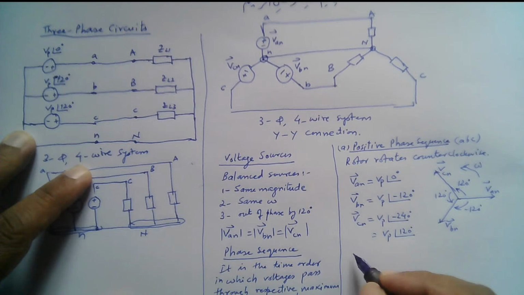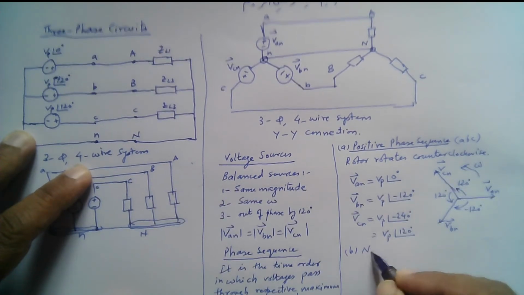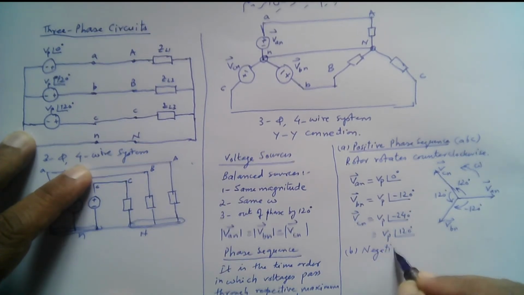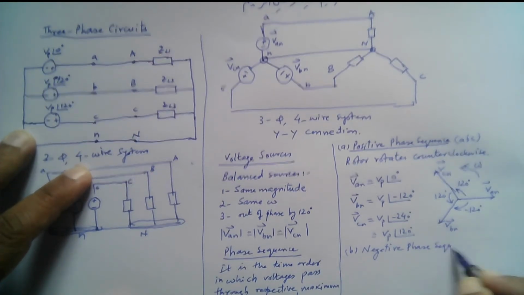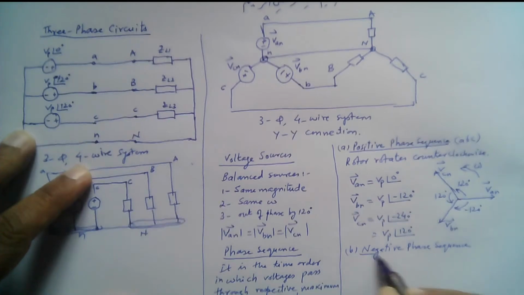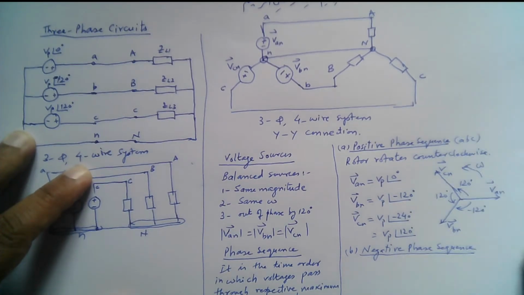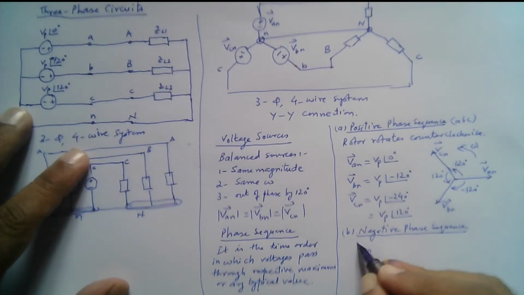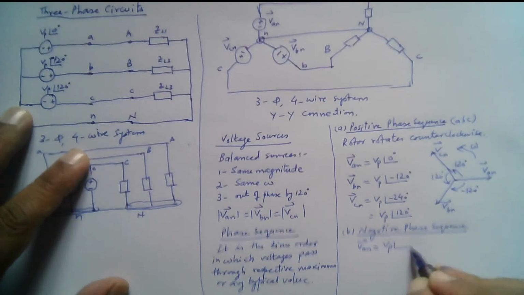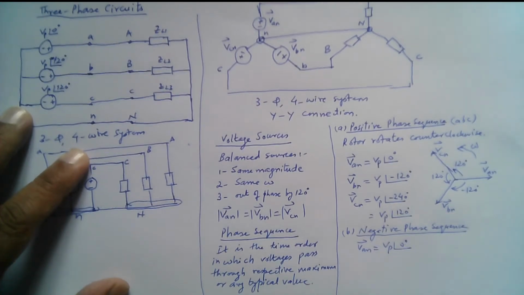Similarly, we have a negative phase sequence. In the negative phase sequence, we have VAN equal to VP angle 0 degrees, right?